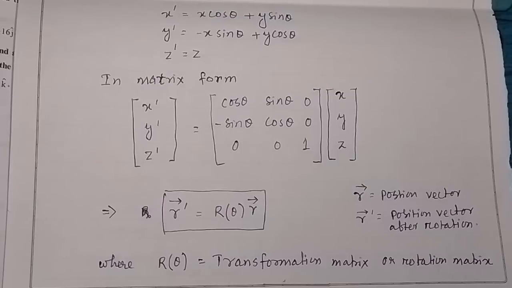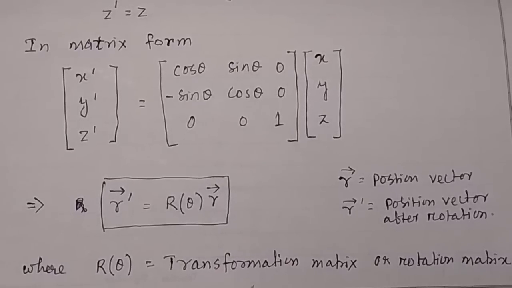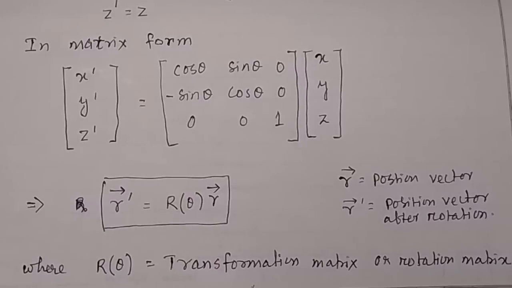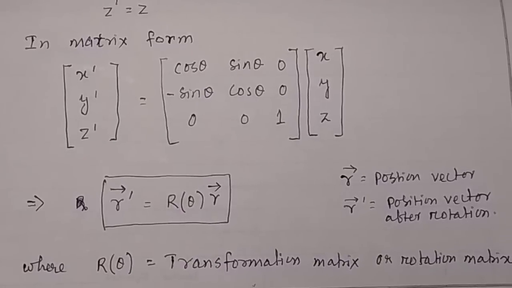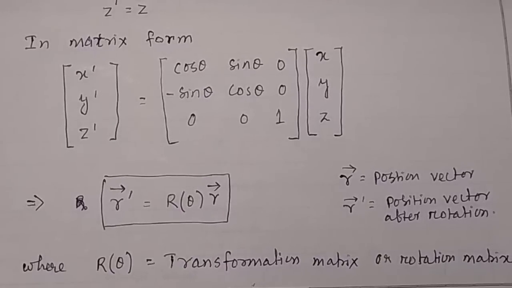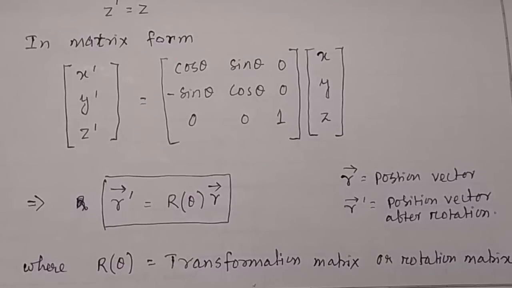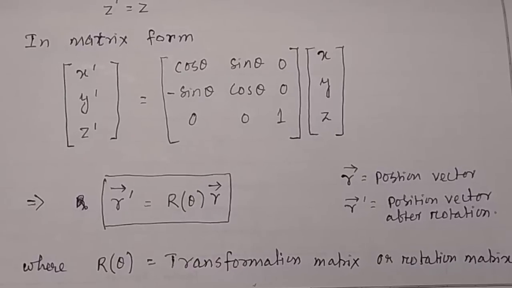And in the next video, we will verify whether the magnitude of the vector will change after rotation or not. After rotation, the position vector is changing, but whether the magnitude of the position vector will change or not, you have to prove it. You will prove it in the next video. So remember, the magnitude of the position vector will not change after rotation.